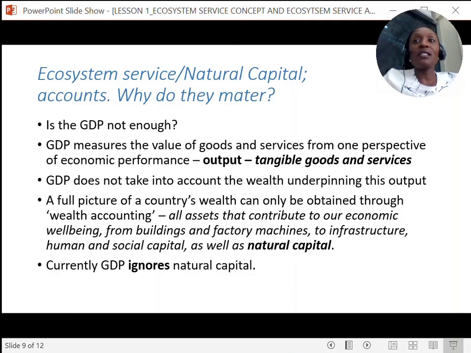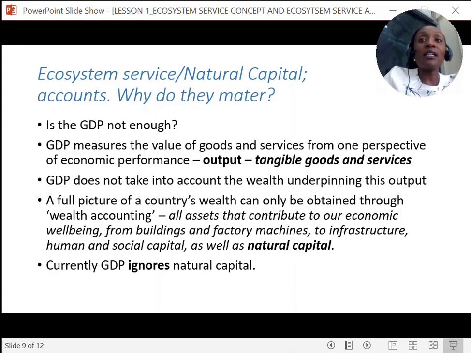GDP, however, doesn't take into account the wealth that underpins this output. A full picture of a country's wealth, however, can only be obtained through wealth accounting, which includes all assets that contribute to our economic well-being, from buildings and factories, machines to infrastructure, to the human capital that we mentioned previously, the social capital, as well as the natural capital.